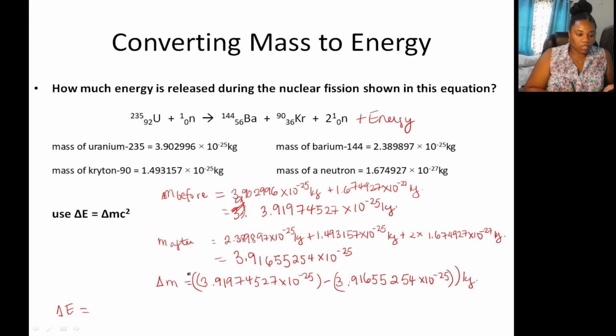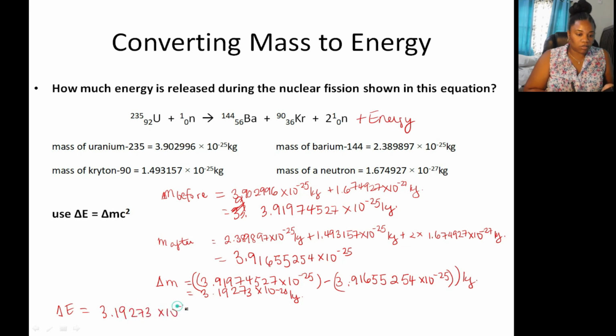And we get 3.19273 times 10 to the negative 28. I hope this is correct.